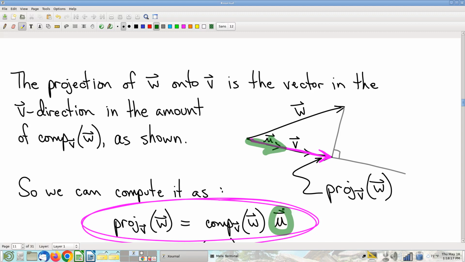I also know its magnitude. The magnitude of that purple vector is the component that I already have a formula for. So, boom, we're done. We didn't have to reinvent the wheel and do all that trig over again. I can just infer from what I already know what the formula has to be. Everybody good?